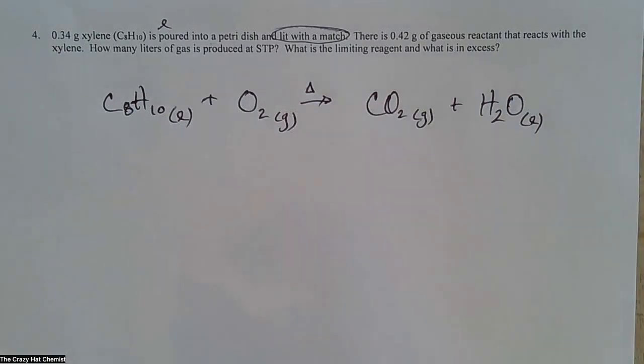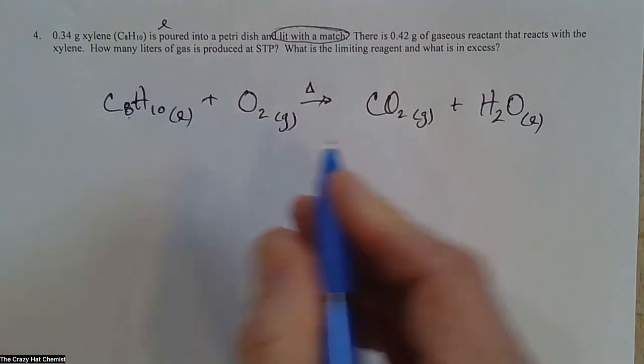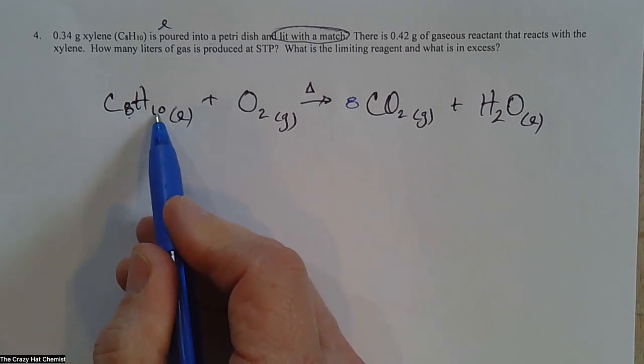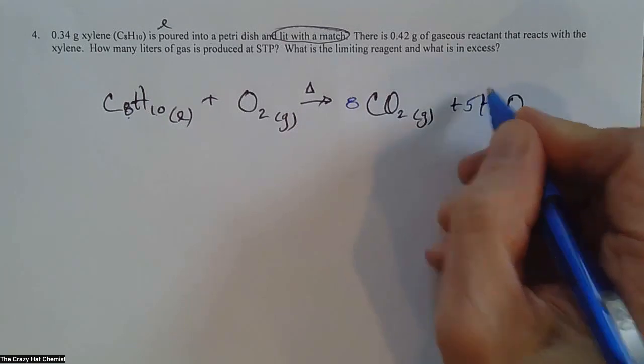Then what we need to do is balance this problem. And so how we balance any combustion reaction, we balance starting with the carbons, that's going to be 8. Then balancing with the hydrogens, there's 10 hydrogens on the reactant side, so I'm going to have to multiply this water by 2.